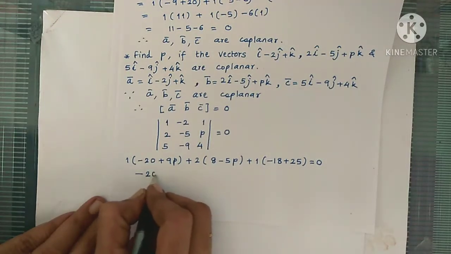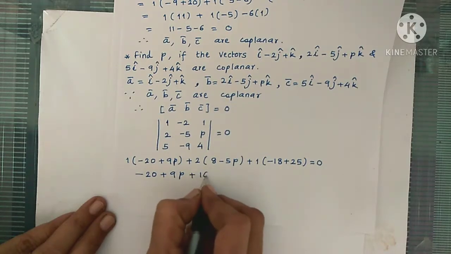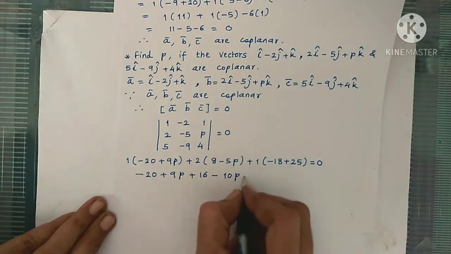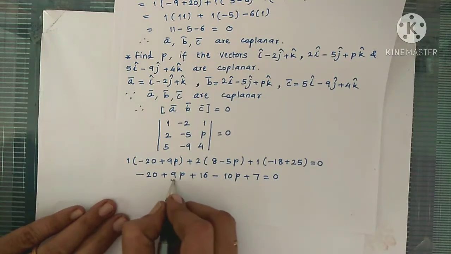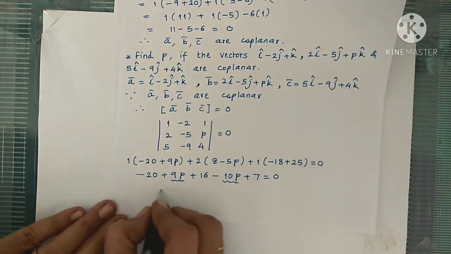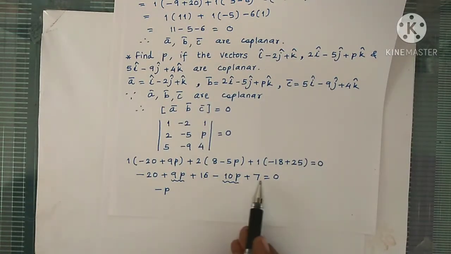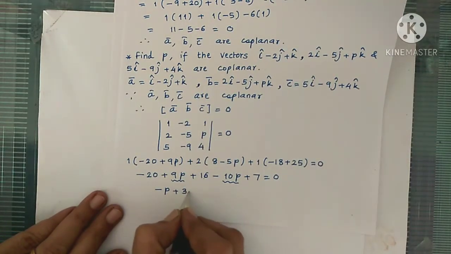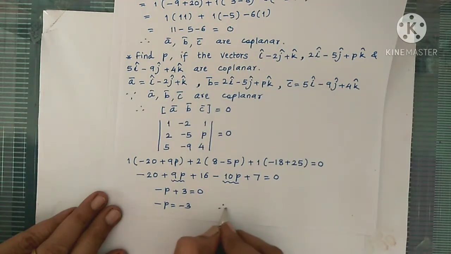So it is minus 20 plus 9p, then here it is 16 minus 10p, 25 minus 18 is 7, multiplied by 1 is 7 again. So now the term in p, 9p minus 10p, that is minus p, and the constant term 16 plus 7, that is 23, minus 20, that is plus 3. So we have minus p equal to minus 3, therefore the value of p is 3.